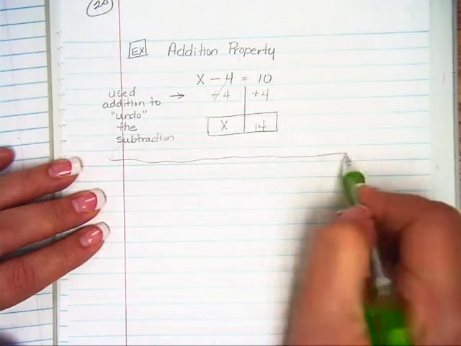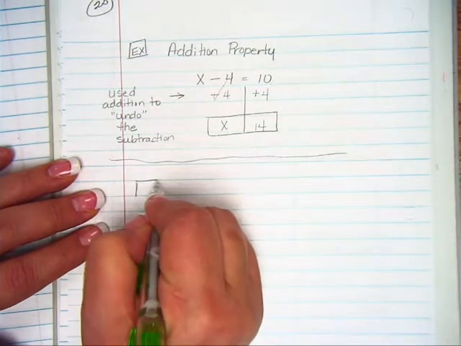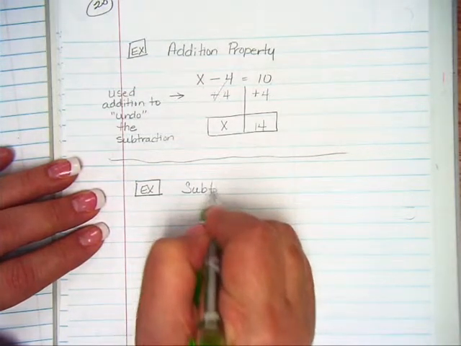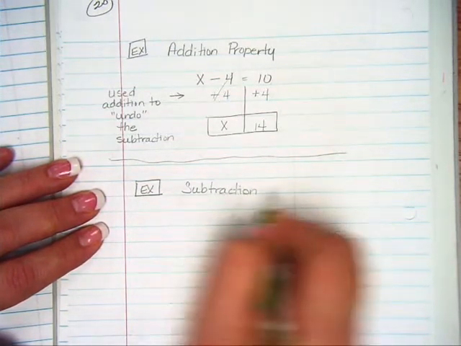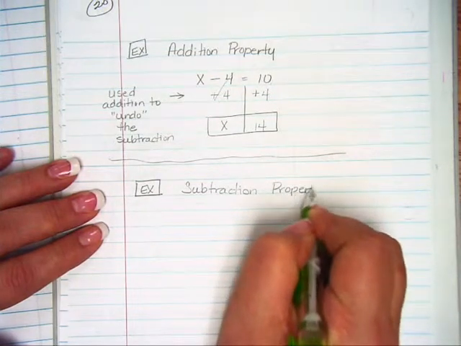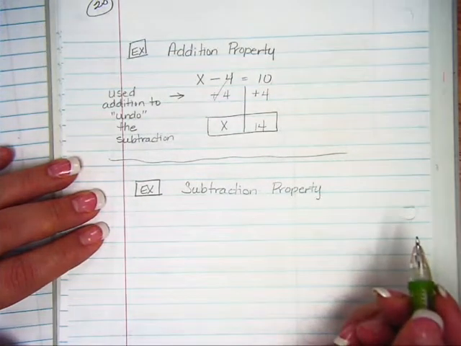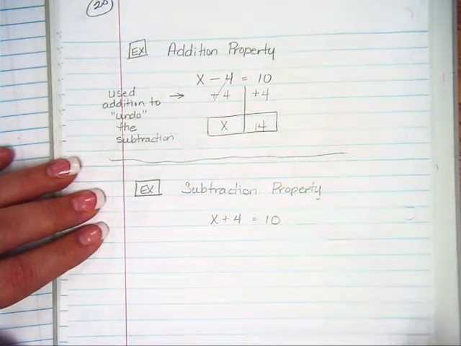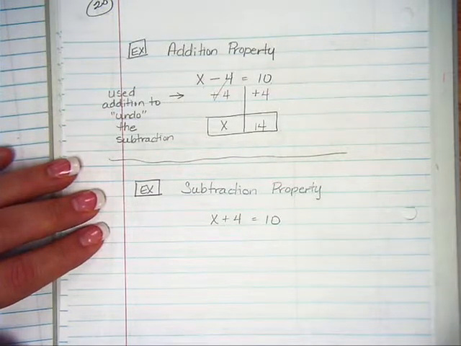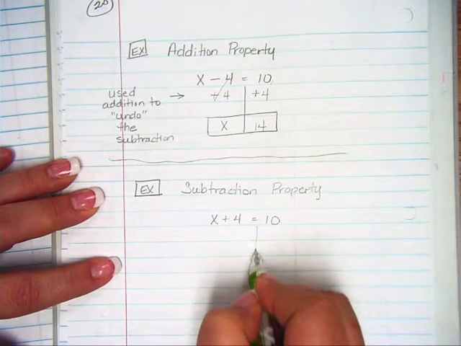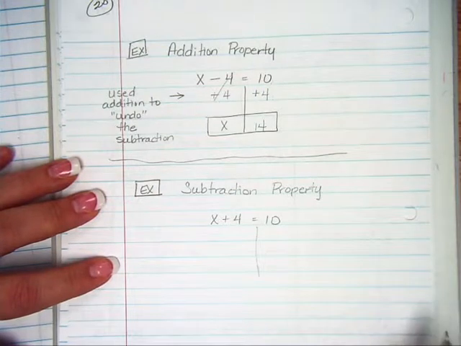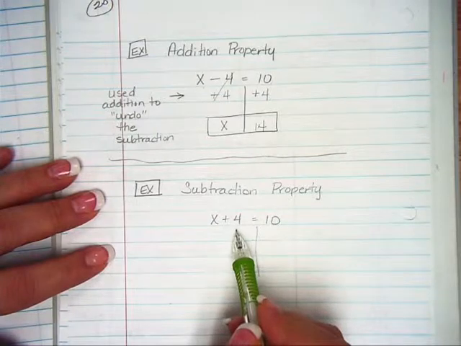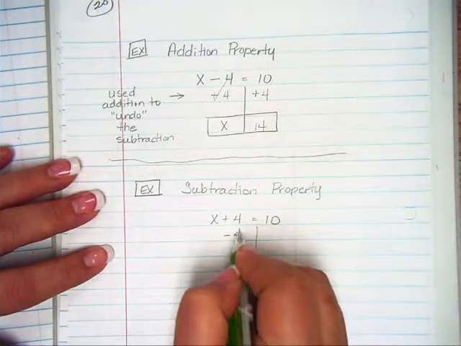Now let's go the other way. Let's look at the subtraction property. So now our problem, this is what it starts out like, x plus 4 equals 10. Now I know and you know that's 6, but we're going to do this with algebra. We're going to use the inverse operation to undo this addition. So to undo a plus 4, what do we do? Minus 4.